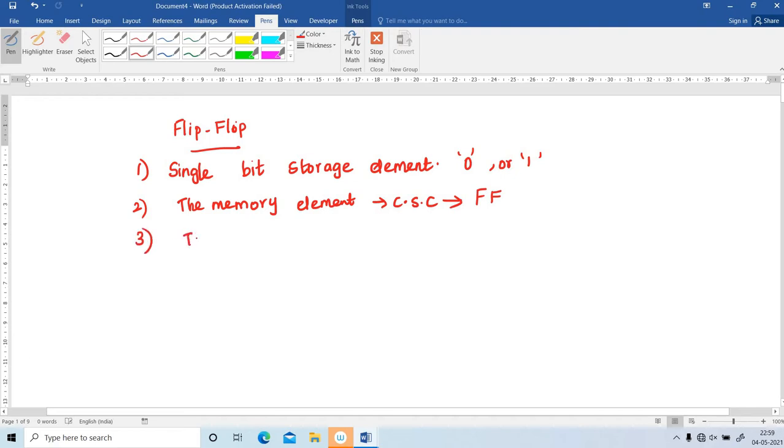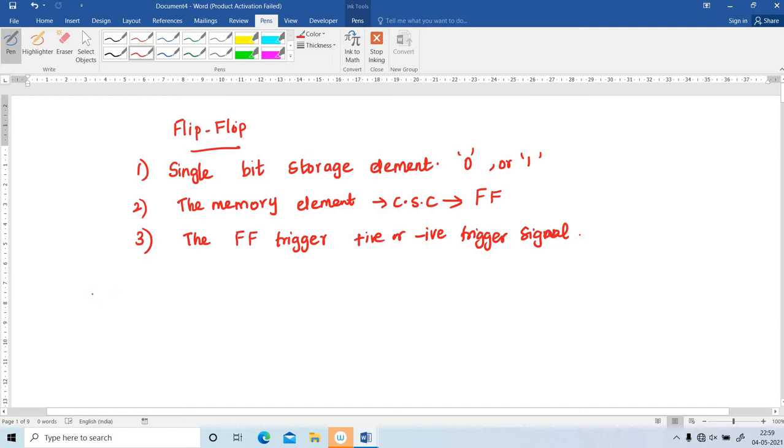Third, the flip-flop is triggered either by a positive or negative edge-triggered signal. These are some of the basic points of flip-flop.